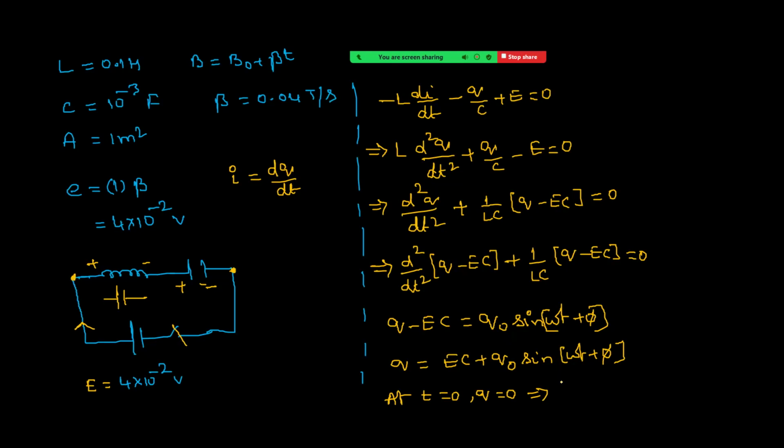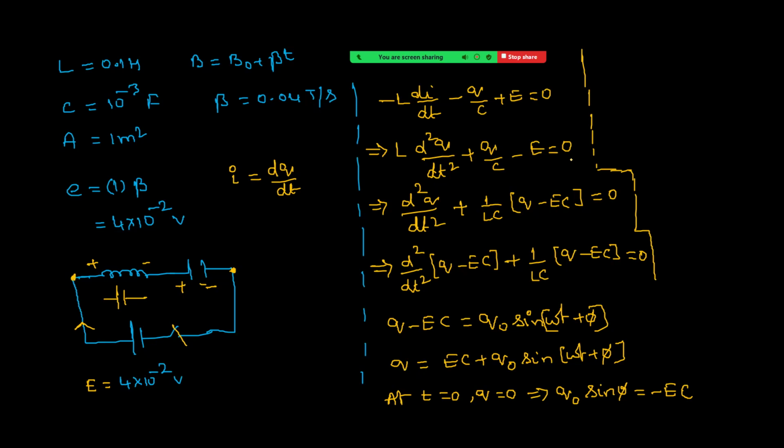So Q naught sine phi is equal to minus EC, right? This is one condition. Next condition, when we close the switch at time t equal to 0, at that time current is 0. Current is 0 means dq by dt is 0.